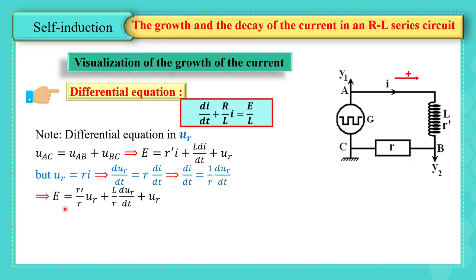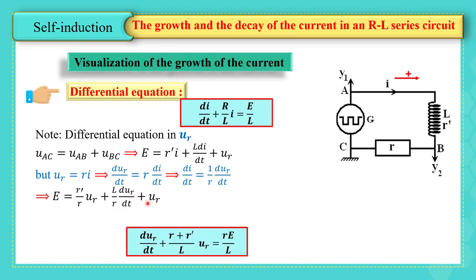So we have E equals r over R times UR plus L over R times dUR over dt plus UR. Now we take UR common, multiply by R and divide by L. We have dUR over dt plus R total over L multiplied by UR equals R E over L, which is the differential equation that governs the variation of UR in terms of t.